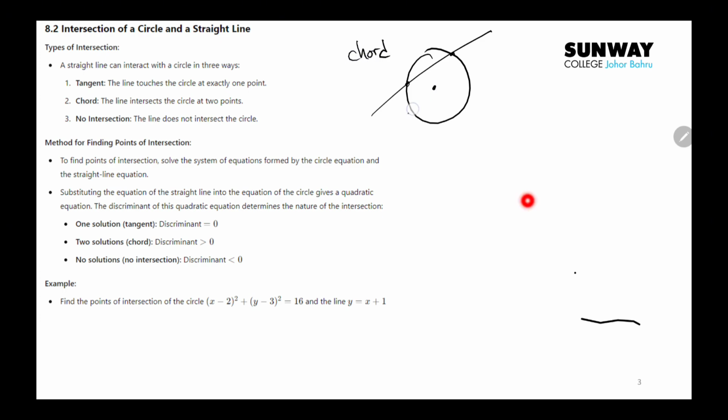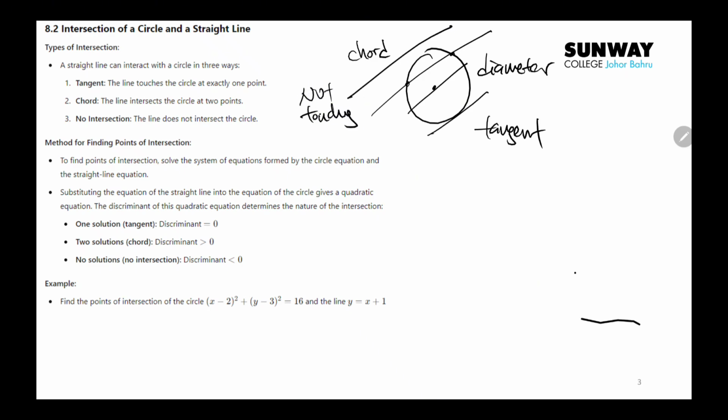It can, of course, be a diameter if it passes through the center. It can also be a tangent if it only touches the circle once. It can also have no relationship at all, not touching the circle at all, if it is just outside of the circle.